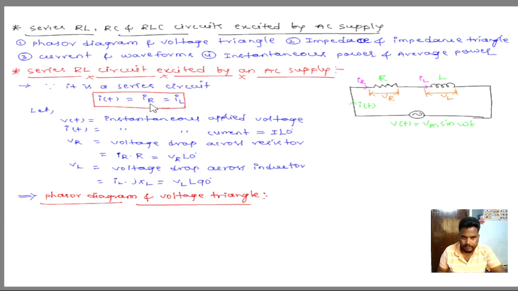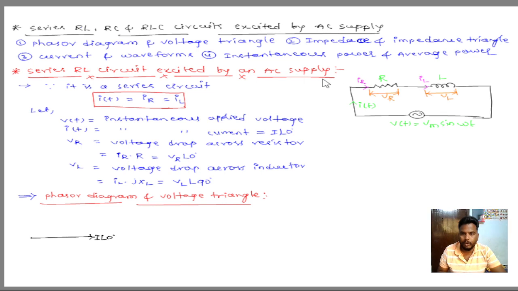Therefore, current is taken as a reference phasor with angle 0. Current is drawn on the x-axis with angle 0. This is I at an angle 0, because current is same, so we take current as the reference phasor.